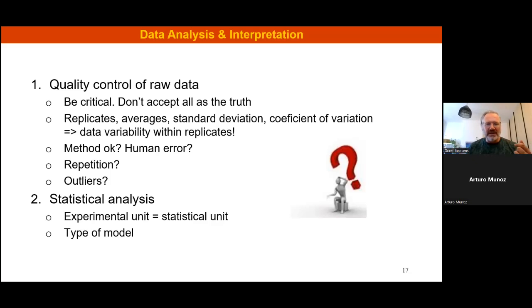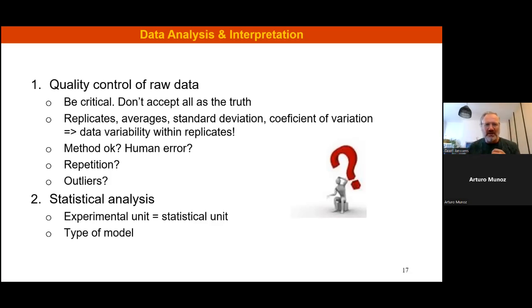So the data variability within replicates. You have to explore and explore to learn to know your own data. Make a lot of plots, graphical designs, so that you really see, okay, how are my data moving? Even before you do any statistics, you should have an idea of what you're looking at.